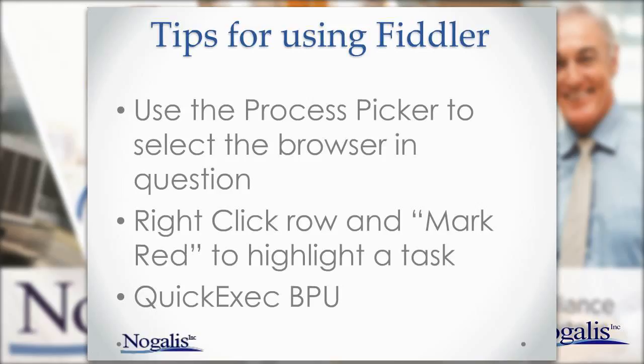Then the other thing that I find a lot of people don't know about is that you can actually set breakpoints within the QuickExec bar. The QuickExec bar is the little bar at the very bottom of the screen in Fiddler. It's almost like a little open field that you can type messages into. The keyword that I like is BPU, which is a breakpoint directive.